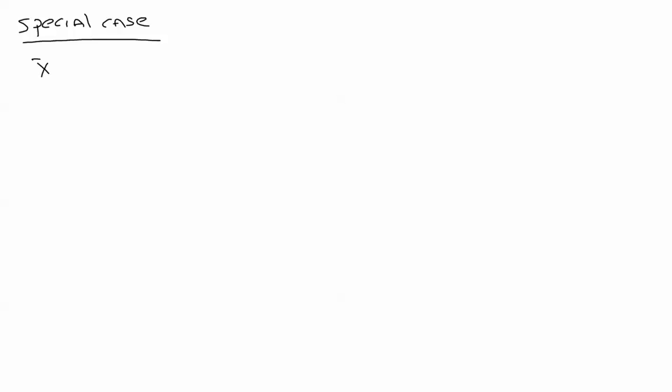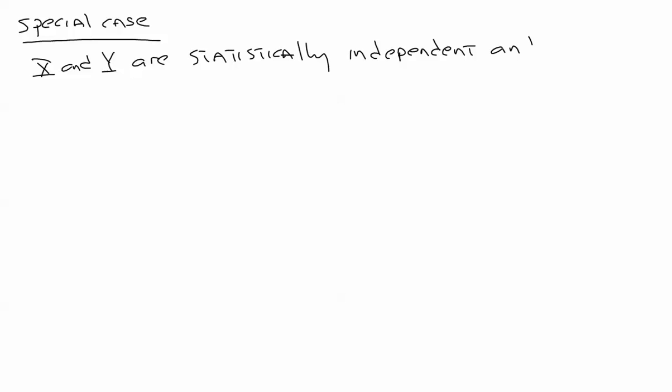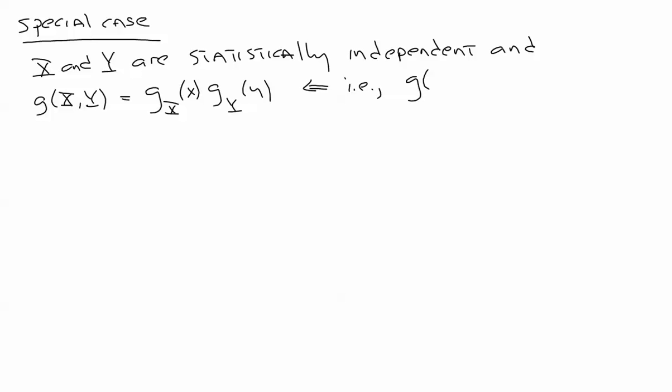What if x and y are statistically independent and g is separable? All right, so this is a special case.